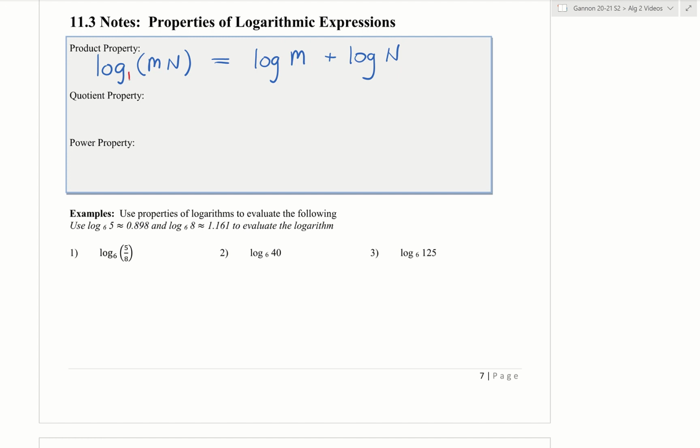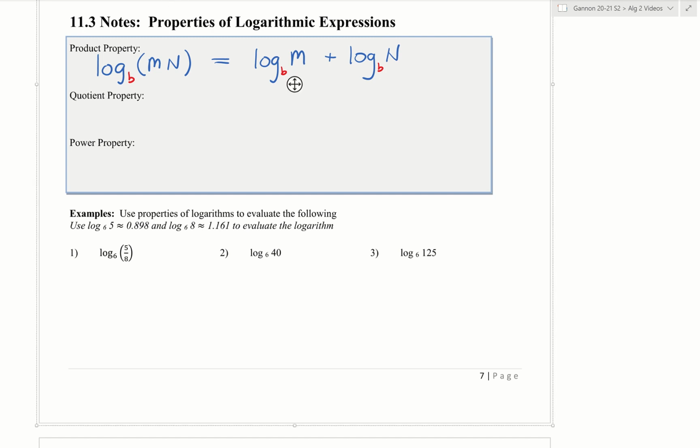But if I had log base b, each one of these logs would have to have the same base. So that's something to be aware of. So the log of a product is equal to the sum of the logs. Now you can make connections to what we talked about with exponentials here, because when we multiplied exponents, we added. So that idea of multiplication and addition still applies to logarithms.